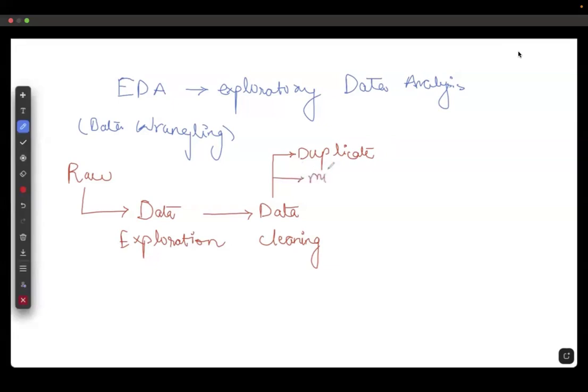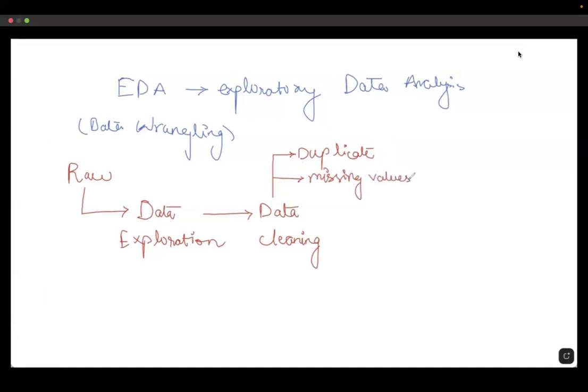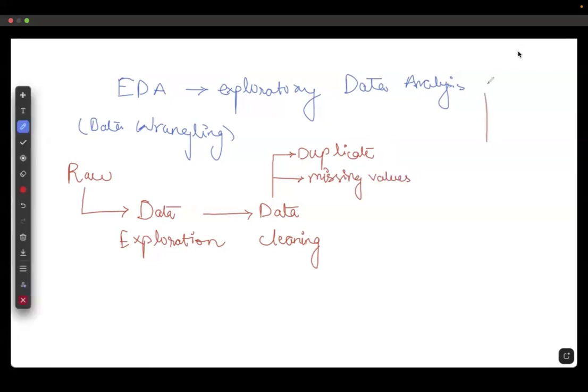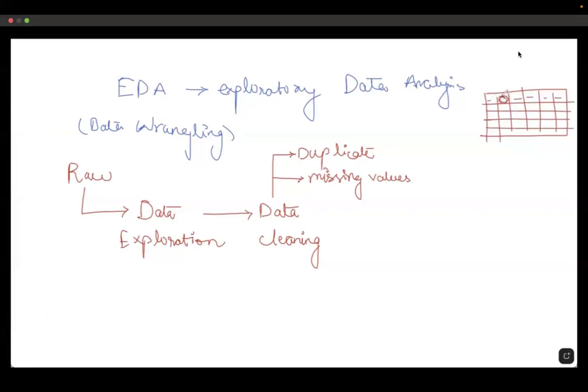Now, handling missing values. When I'm saying missing values, which means there is a possibility that in your data set, having a tabular-like structure like this, these are features and these are your observations. All the observations are filled. Maybe there is a possibility that one or two cells are empty. So in such cases, what we do is we perform imputation of the data.